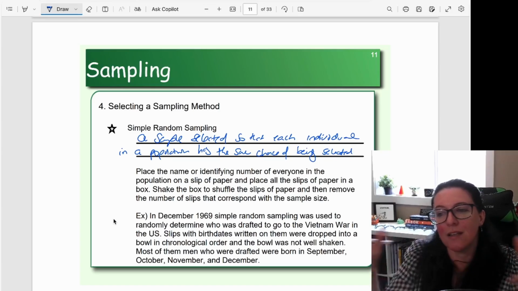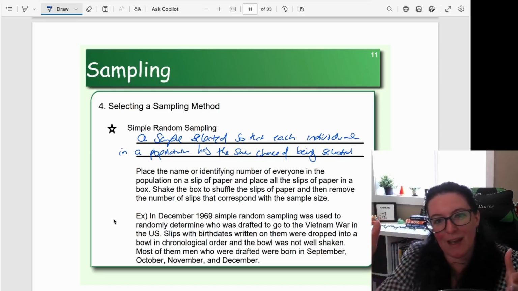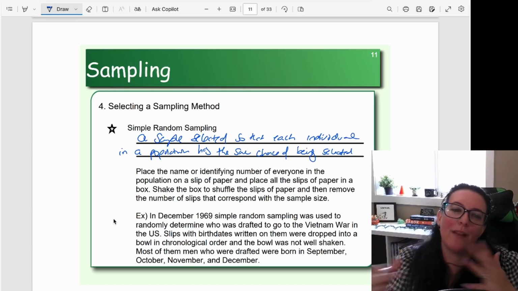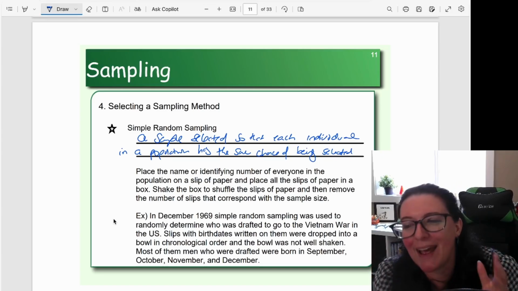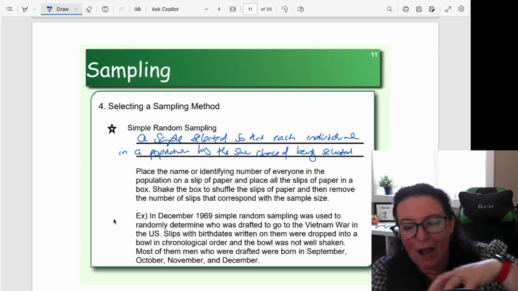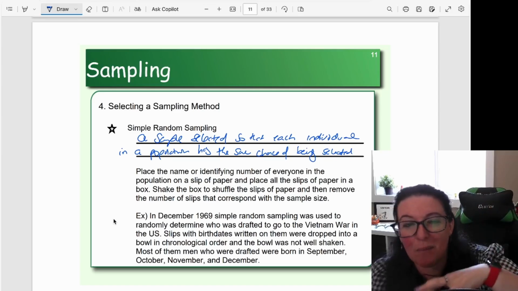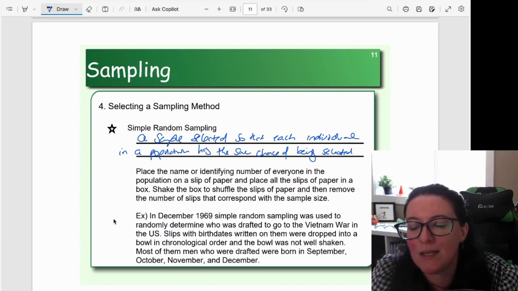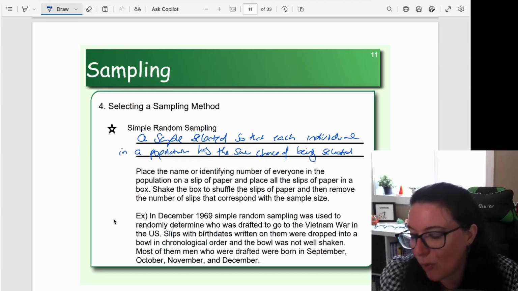Not because there wasn't representation inside the bowl, but because they didn't mix up the bowl and they put it in chronological order. Based on how it was pulled from that sampling frame, the bowl, it wasn't an equally likely chance for everyone.